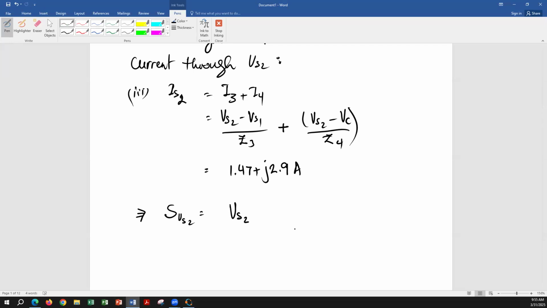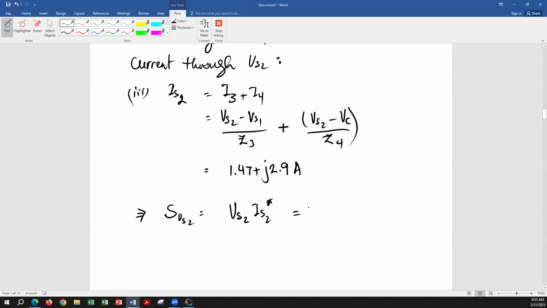So let's calculate the complex power. S of VS2 is equal to VS2 times the conjugate of IS2.